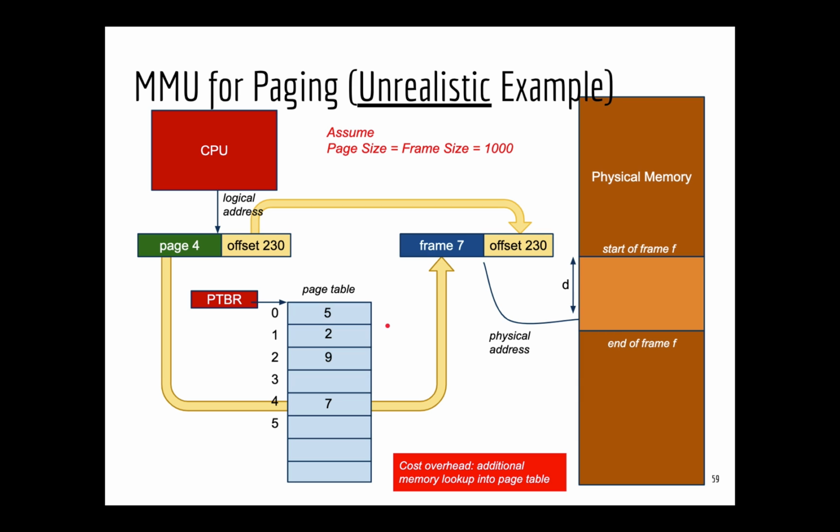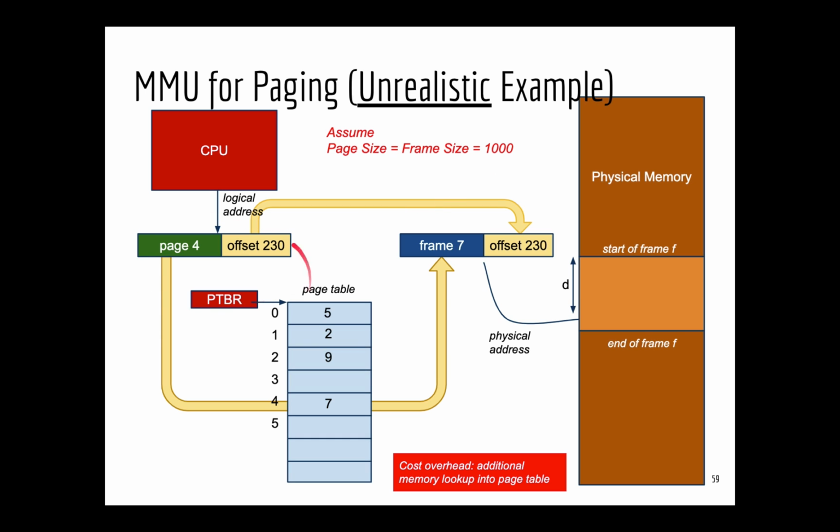So this is a typical hardware design for paging. And again, we are using an unrealistic example of page size 1000. 1000 is a nice example, although it is unrealistic because this is 10 to the power of 3. So we learned before, when the page size is 10 to the power of 3, then the last three digits of the logical address will be the offset.